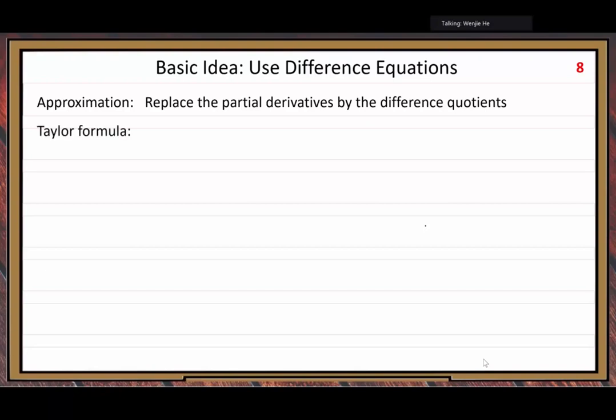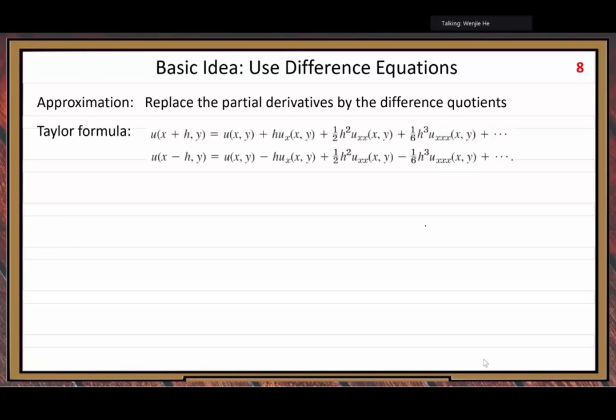We base it on the Taylor formula, which can tell us a good approximation way. Let's look at the Taylor formula in two cases. The first one, x plus h, where this h is usually a small number.